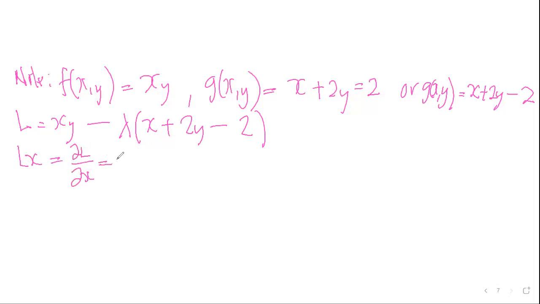What we're going to get is y, minus, if you differentiate x here, is 1. The other terms are constant, so 1 multiplied by lambda, we are going to get lambda. And then remember, we equate it to 0.